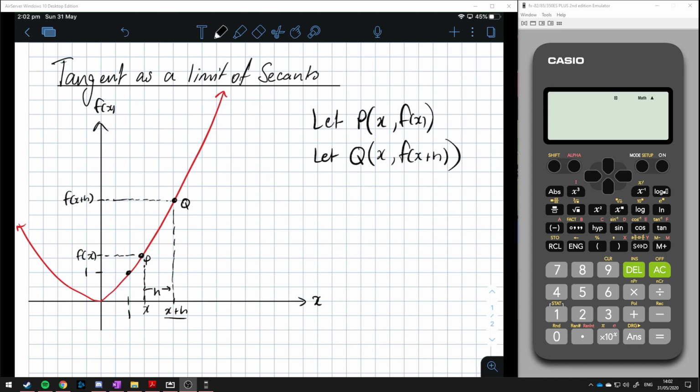Then the gradient of the secant, so if I was to draw a secant between these two points, remember it's a line that goes through the two, and I'm going to try my best to draw this one as best I can. So let's go like that. I'm going to cheat. So you can kind of see that this one's going to go through like that.